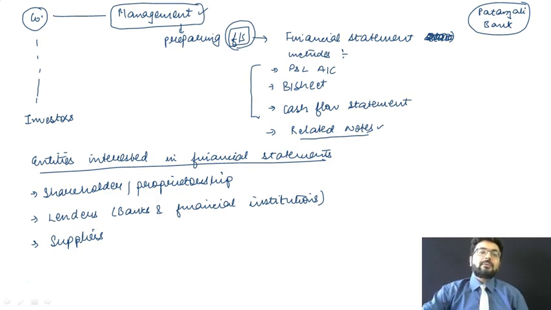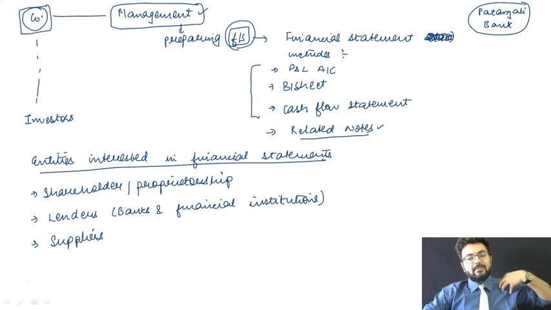Suppliers, the people who are supplying raw material or any kind of material to the company, will be interested. Let us suppose I am the supplier and I am giving goods to Baba Ramdev, and his company is growing, then definitely I will also grow.